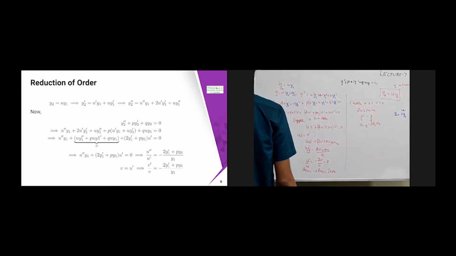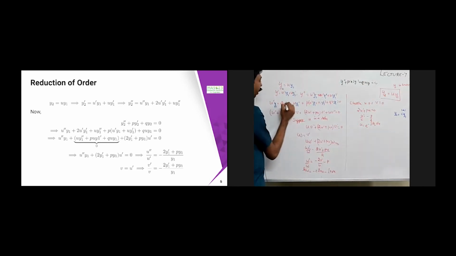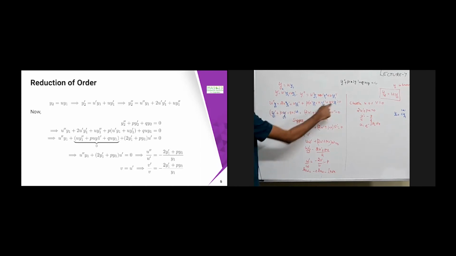Now I am going to collect the u term. If I collect the u term, I have u times y1 double dash. Next to u is p y1 dash, and here q y1 is going to come.